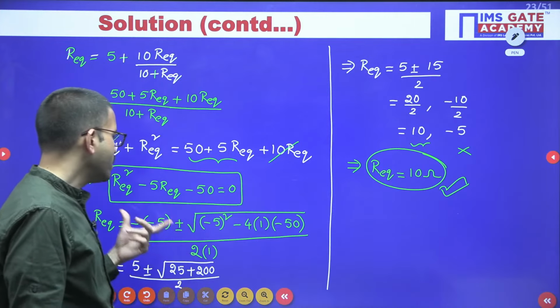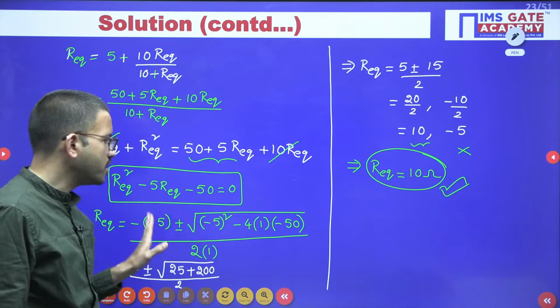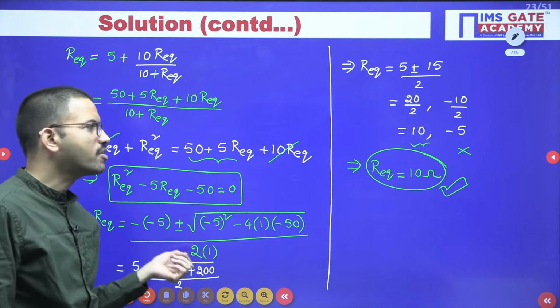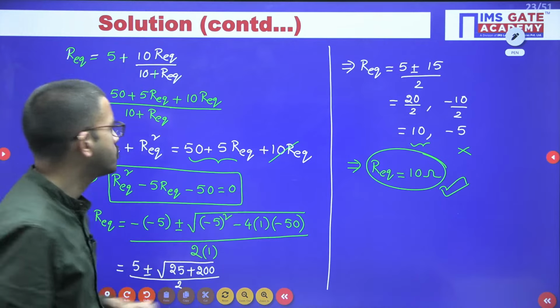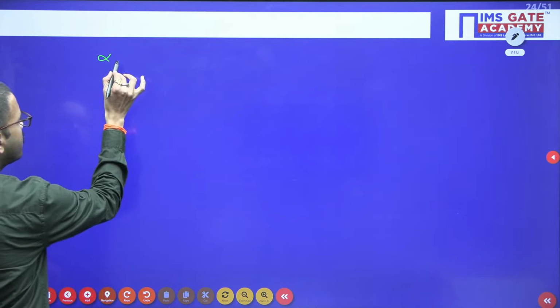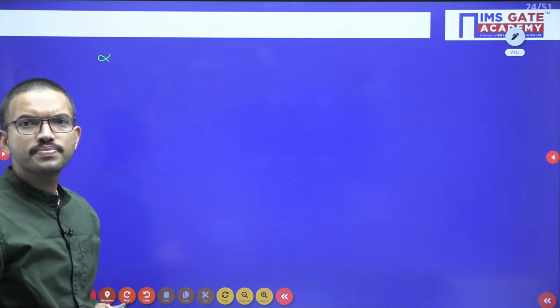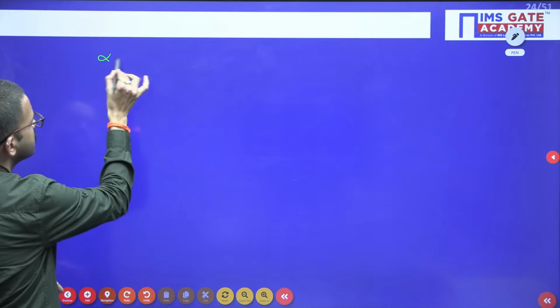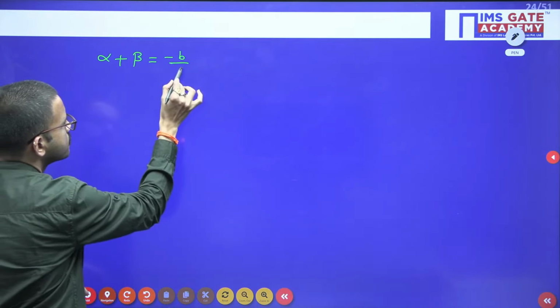Now, whatever procedure I have discussed for finding the roots, this is one procedure. Now I am giving one more procedure in order to find the roots. Say for example, if alpha and beta are the two roots, then the sum of the roots formula is minus b by a.